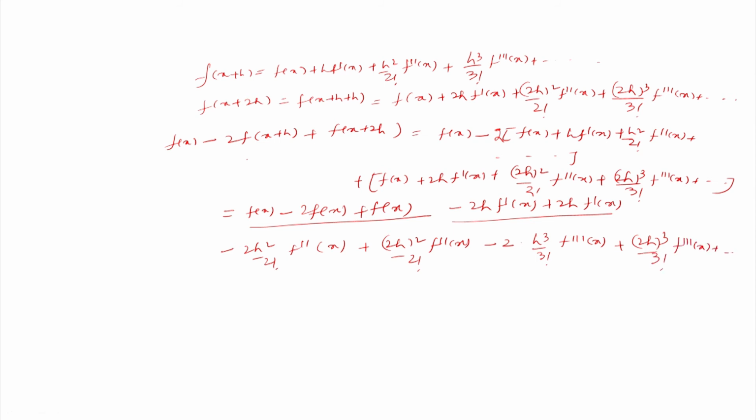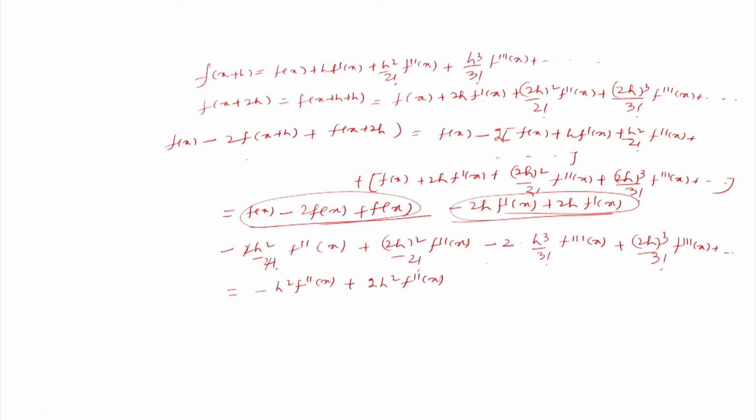If you consider these terms, since this cancels out and this cancels out, this can be written as 2 cancels out. So we have minus h square f double dash of x plus 2 h square f double dash of x.